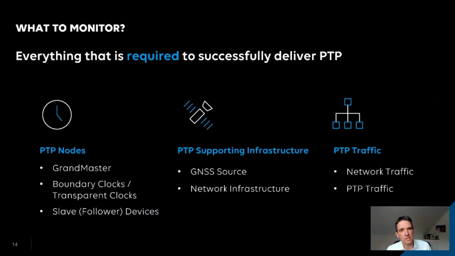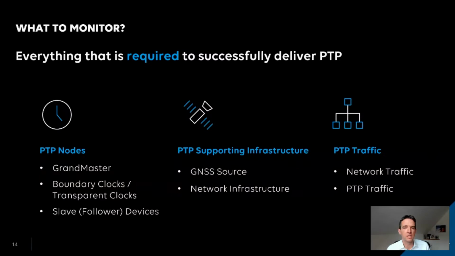What to monitor on PTP? When we say PTP monitoring, we say everything that is required to successfully deliver PTP. Those are the PTP nodes, obviously the grandmaster, the boundary clocks, the transparent clocks, those are the switches, but also the slave and follower devices.